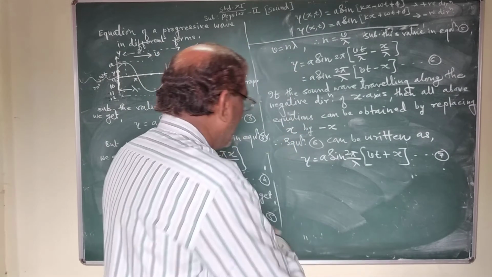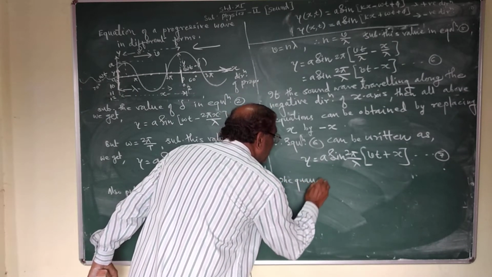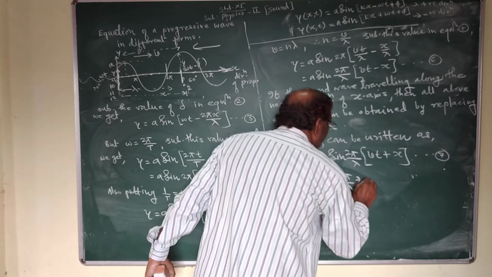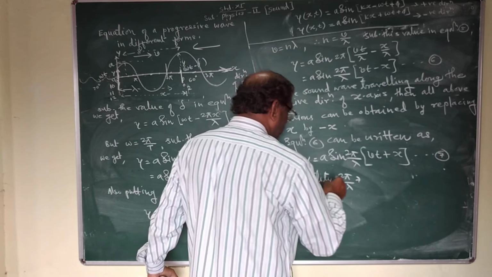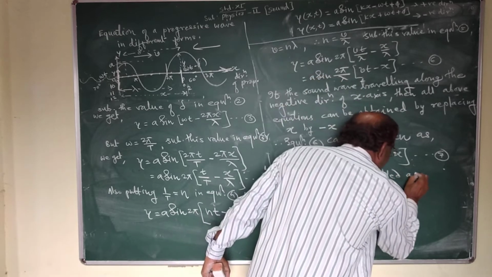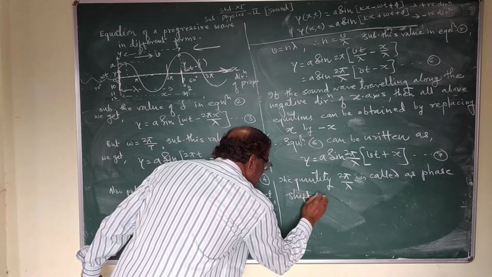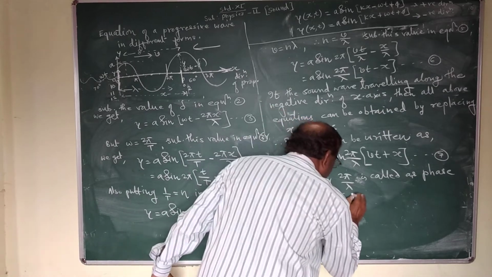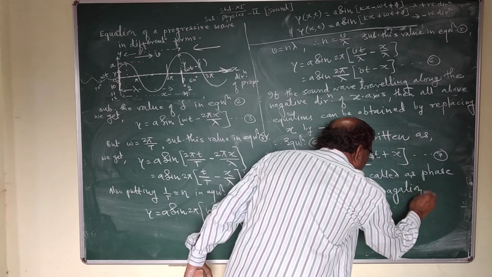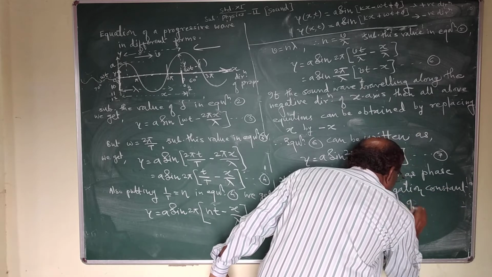So these are the equations, and this quantity 2 pi upon lambda is called the phase shift factor or propagation constant of the medium.